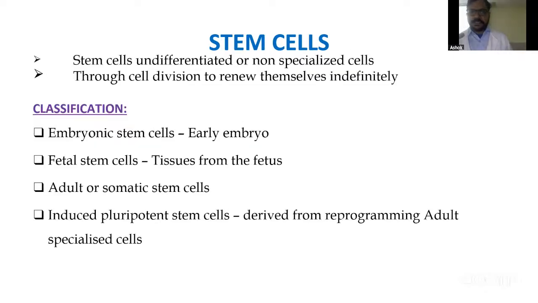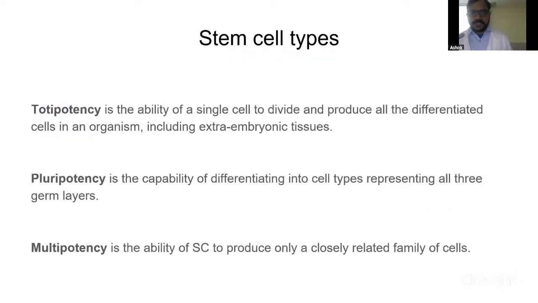Stem cells are undifferentiated or non-specialized cells that, through cell division, renew themselves independently. Classification: embryonic stem cell from early embryo, fetal stem cell from fetus, adult or somatic stem cell from normal tissue, induced pluripotent stem cell from reprogramming adult specialized cells.